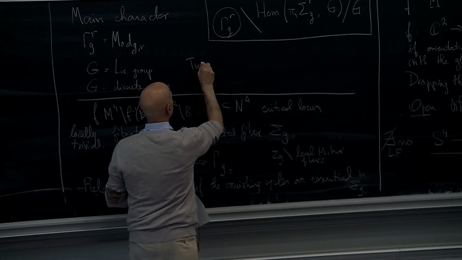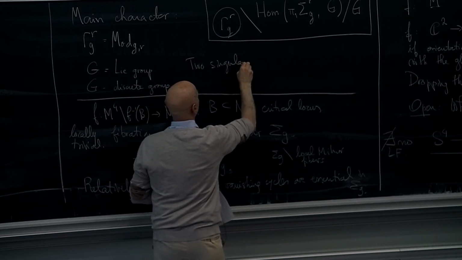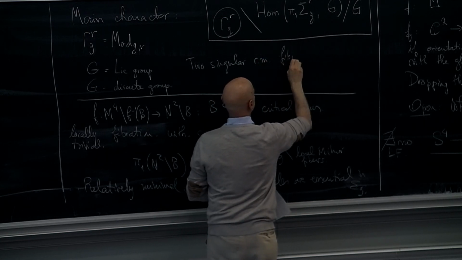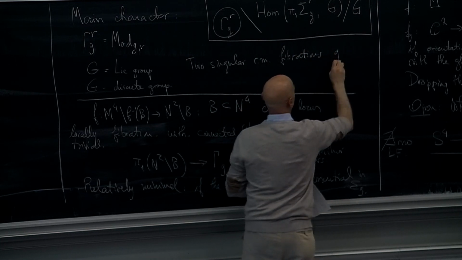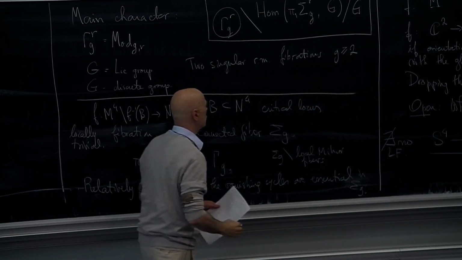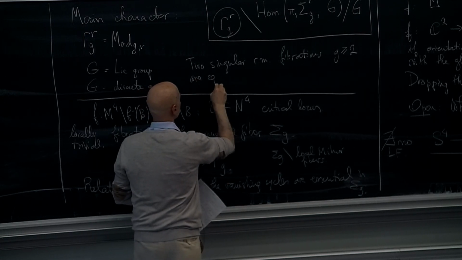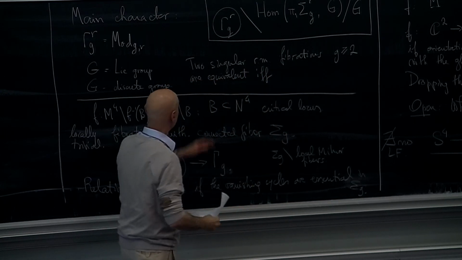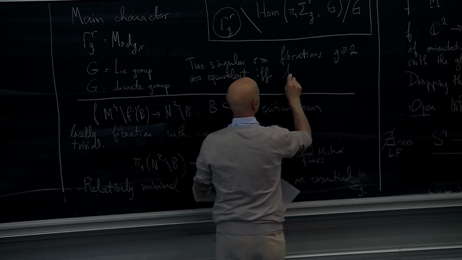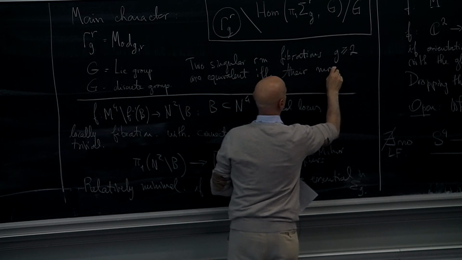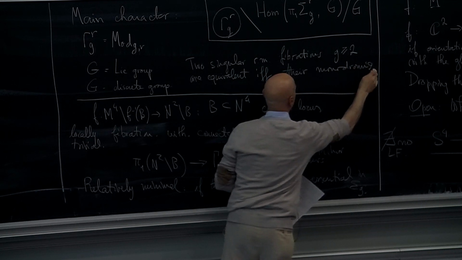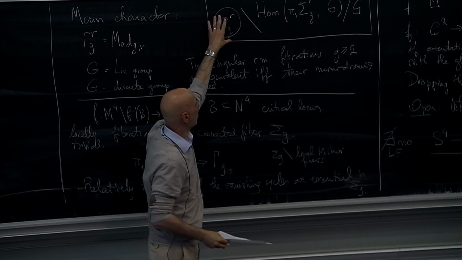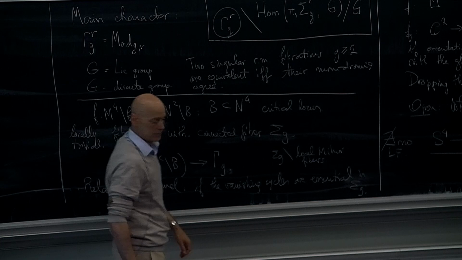So two relatively minimal singular fibrations with fibers of genus at least 2 are equivalent in the appropriate sense if and only if their monodromies agree. Namely, they belong to the same orbit of the mapping class group on this set.